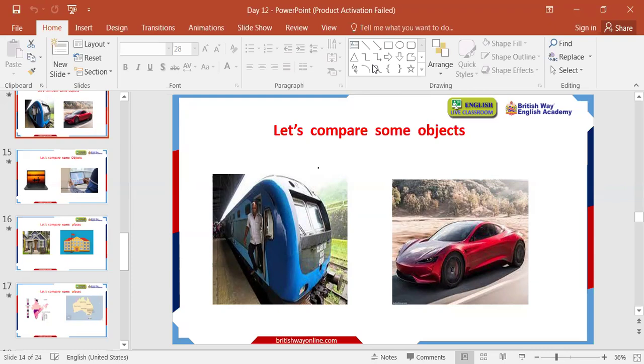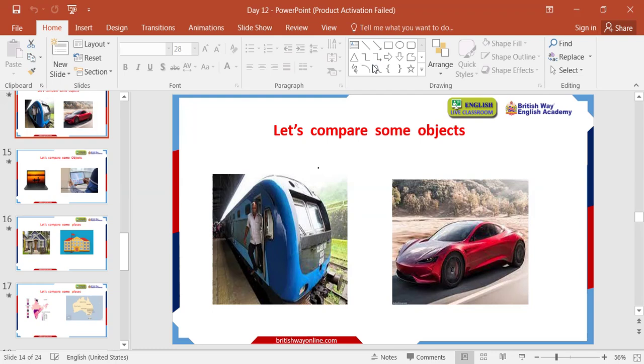The car is more comfortable than train. Trains use more gas than cars. Bullet trains are faster and more expensive than cars.